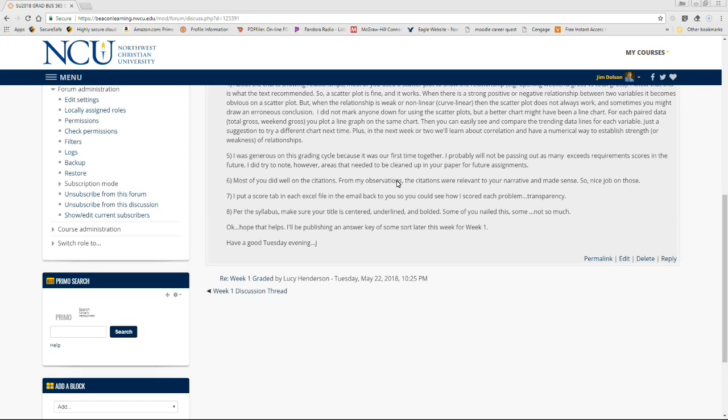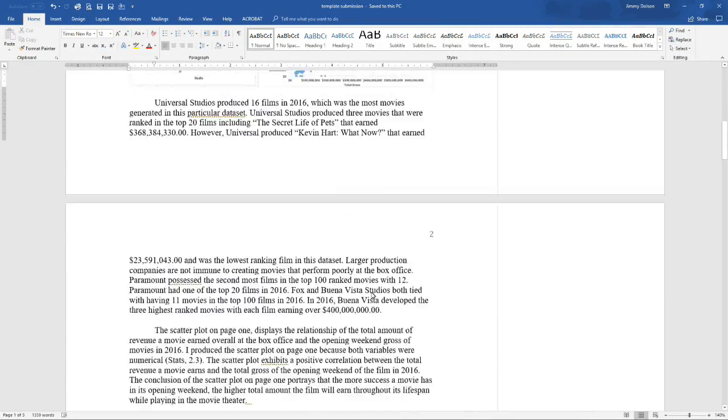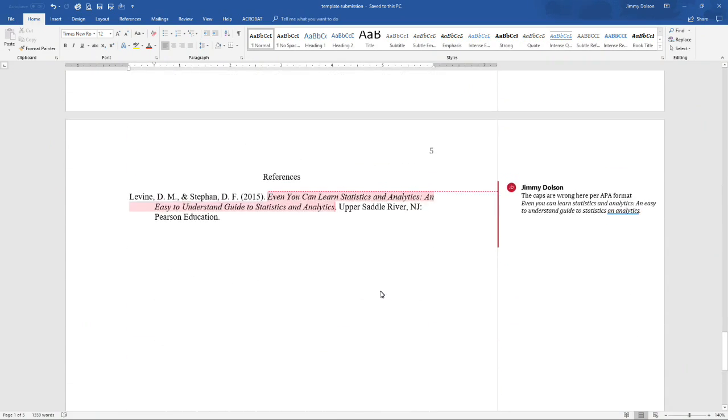Most of you did really well in the citations, and I can tell that you're used to using APA. A lot of them were very close. Let me pull up this paper I was looking at before, to show you about this student's citations or reference list. Okay, so this is almost right, but not quite. If you understand APA, you'll know that this is the way you do it.